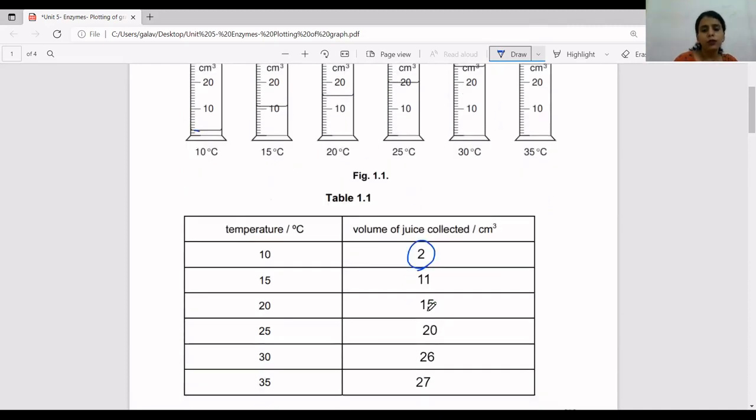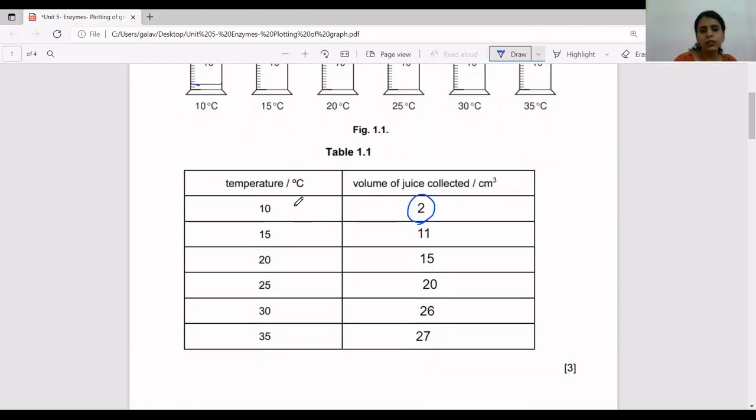Now remember, I've told you already in the previous video also that whenever we draw a table, the unit of a quantity is always written along with the heading in a particular cell. You should never write the unit along with the body of the column. That's not allowed. So the unit will always be written along with the heading in the particular cell. As here the unit is already written, centimeter cube, you just have to write down the number, that is the volume of juice collected.